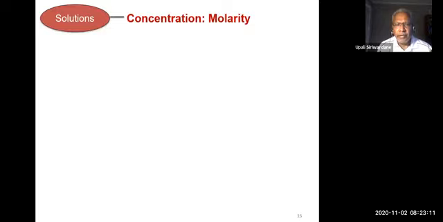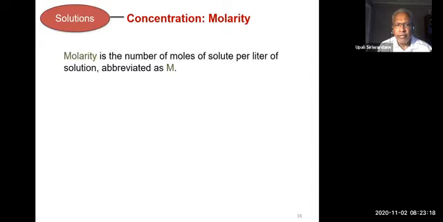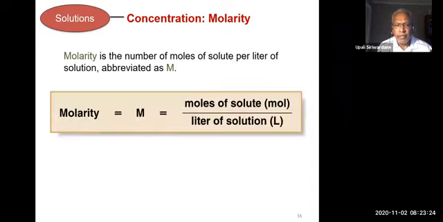Molarity is the most common solution concentration unit. The molarity is the number of moles of solute per liter of solution, abbreviated big M. Moles of solute divided by liters of solution. So there are problems calculating concentrations, either percentage or molarity.